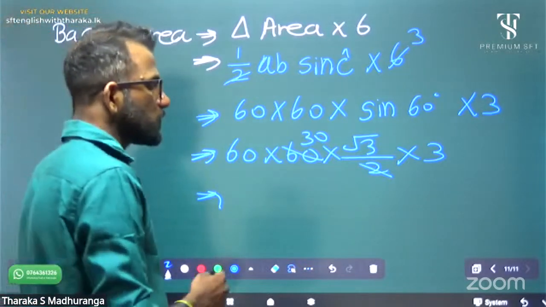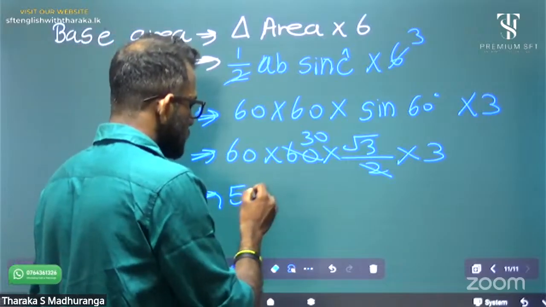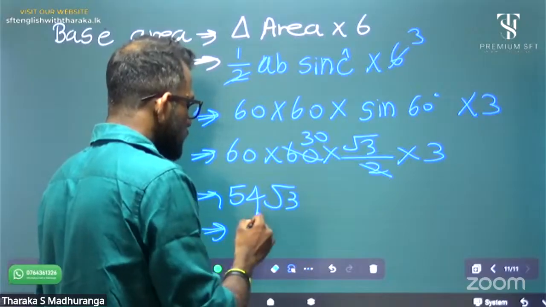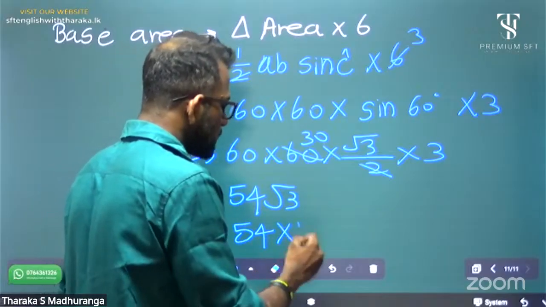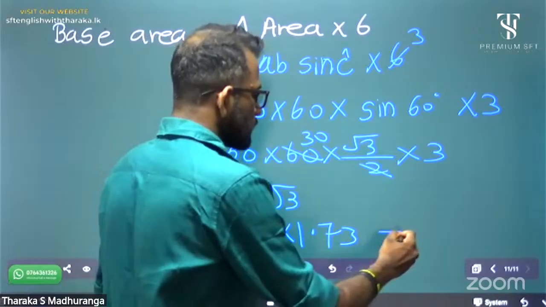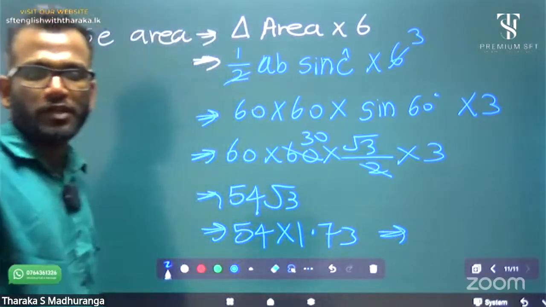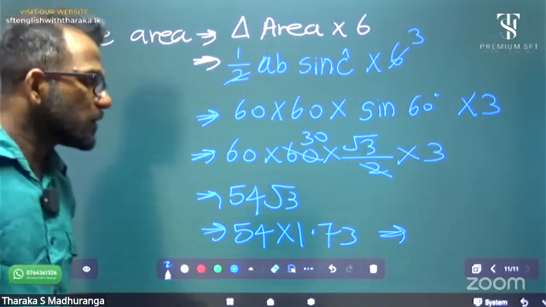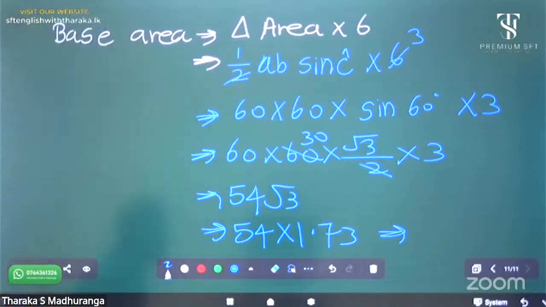Nine into 6, 54 root 3. Now the root 3 value is given, 54 multiplied by 1.73. Sorry, the root 3 value given is 1.73.